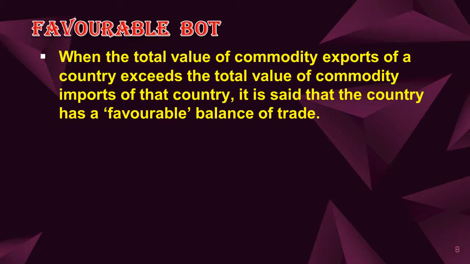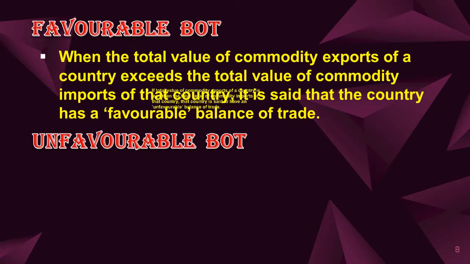For example, for any country, if that country's export is more than that country's import, then we can say that country has a favorable balance of trade. That is, you are exporting more but importing less. That particular country will be gaining more. So we can tell that that country has a favorable balance of trade.